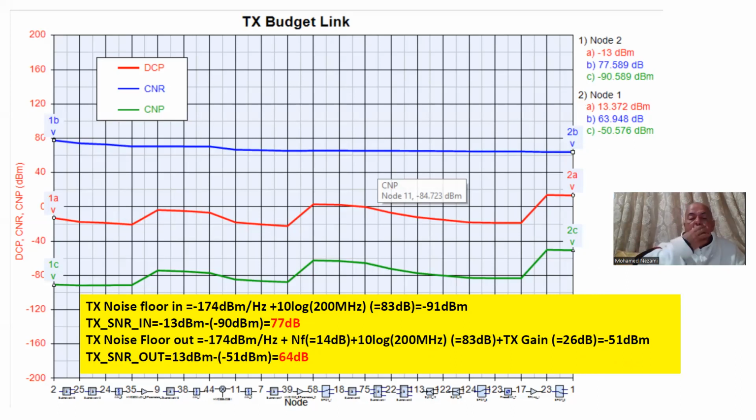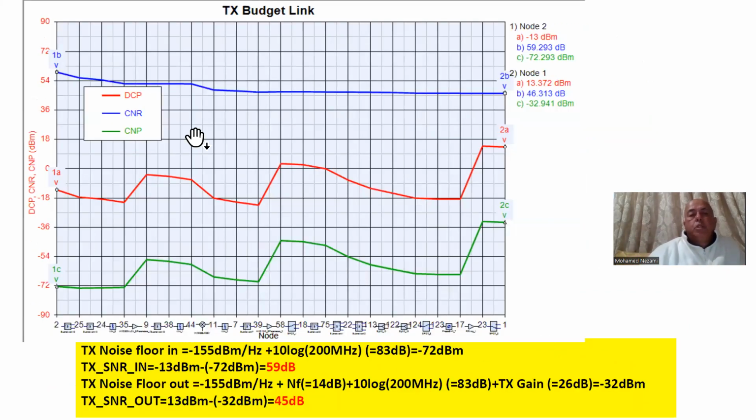Of course, we won't get that from an actual system, because the DAC has a much worse noise power spectral density than a 50 ohm resistor at room temperature, which is minus 174 dBm per hertz. We have minus 155 dBm per hertz instead. So now let's use a real DAC and calculate the system parameters.